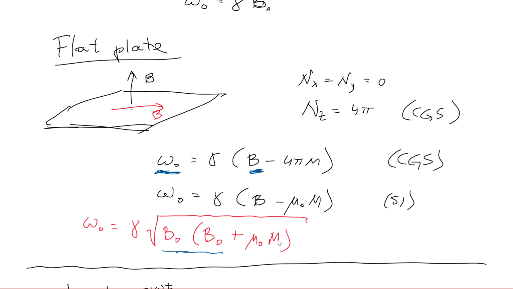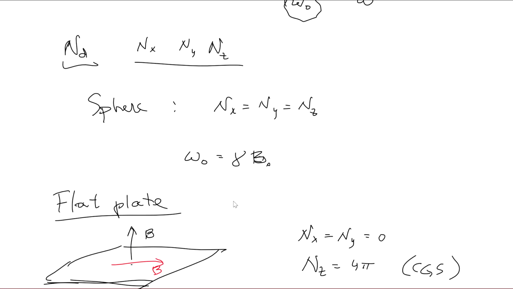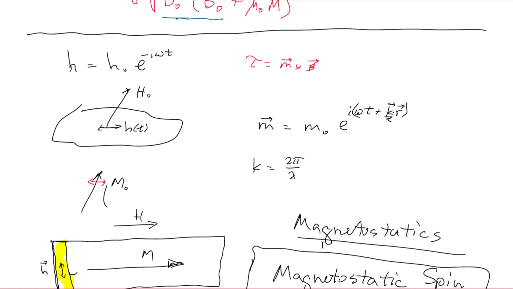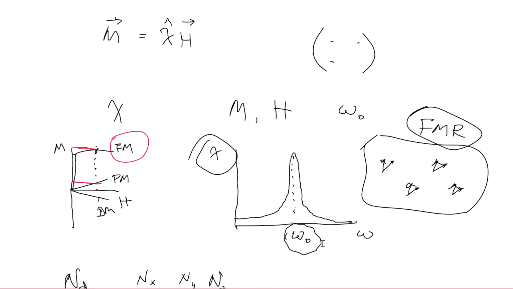And there will also be a product of b naught m. We can look at it in the sphere. Here you can see there is a dependence on the field. I mentioned that last time, let me scroll to the resonant curve. Yes. As you increase the magnetic field, your resonance moves to the right.